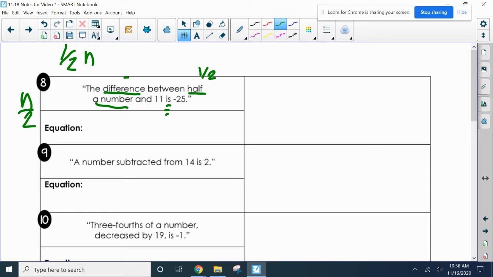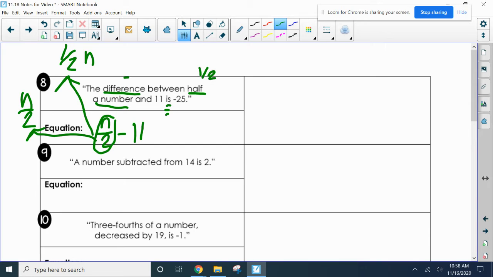Equals negative 25. So the difference between half a number and 11. So we could say n over 2, half a number, and 11. This is another one where the order is important. Once it says half a number and 11, you have your half a number, whether you did it like this or n divided by 2.